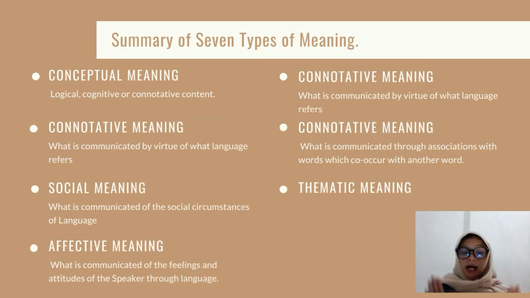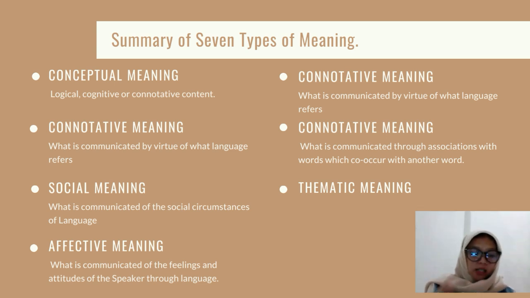Okay, overall, I have explained to you the seven types of meaning. In this slide, we have the summary of the seven types of meaning. The first is conceptual meaning. Conceptual meaning means logical, cognitive, or denotative content. And the second is connotative meaning, what is communicated by virtue of what language refers to.